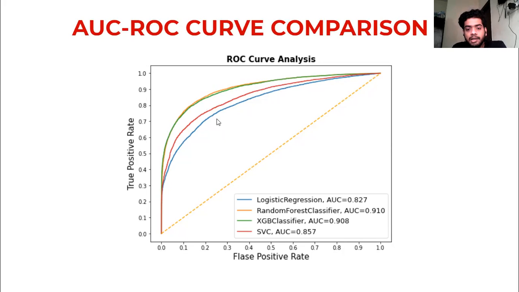And here we can clearly see that the orange line and the green line, that is basically the random forest classifier and the XGB classifier, get the highest AUC scores, that is 0.91 and 0.90 respectively. That's why we can say that the random forest classifier and XGB classifier are the best models for this problem.